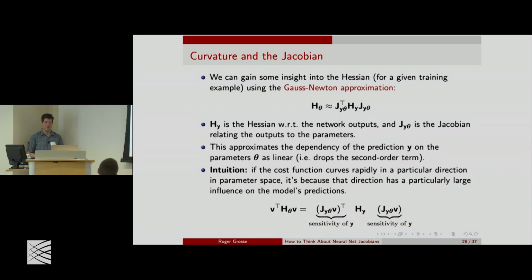And I mean, there's sort of one justification for doing that, which is that if the true function is realizable, and there's no label noise, then you can match all of the training labels exactly. So the second term will involve the first derivatives of the cost function, which vanish when you're at the optimal solution.